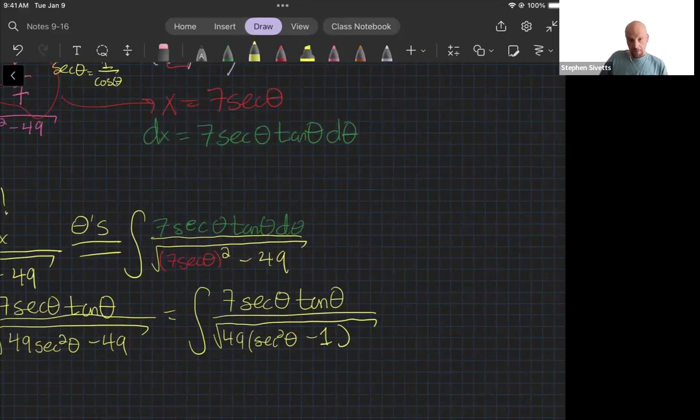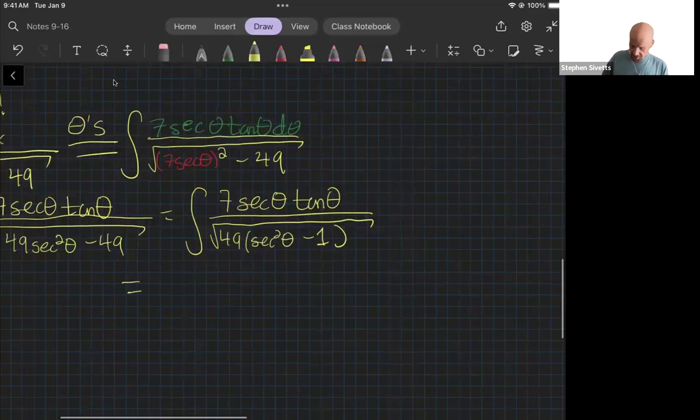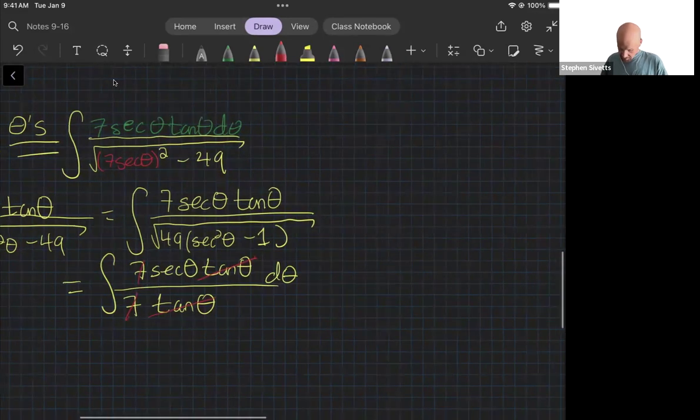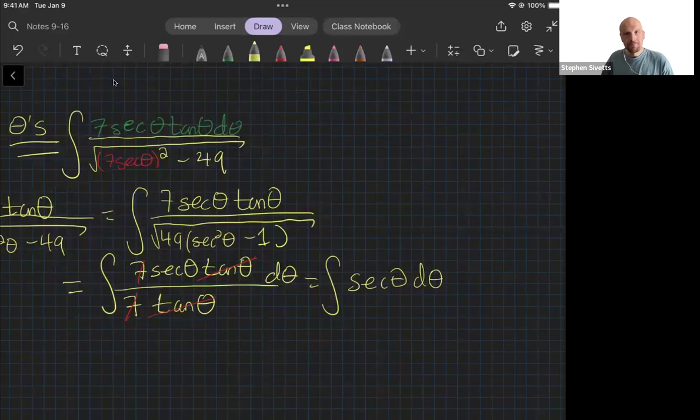So we can reduce this to the integral of 7 times secant theta tangent theta divided by 7 times tangent of theta, d theta. Tangents will cancel, and also the 7s. And this integral becomes the integral of secant theta d theta.